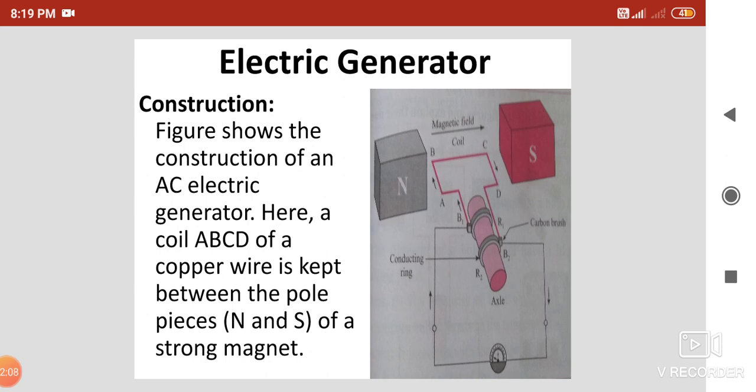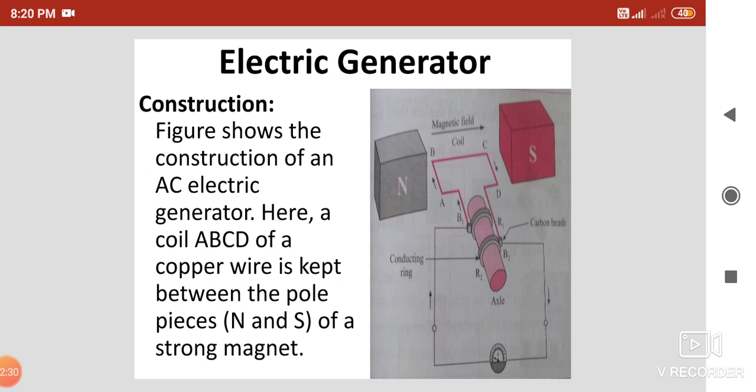The induced current is proportional to the number of turns of copper wire in the coil. After half rotation, AB and CD interchange their places. Hence, the induced current flows in the direction DCBA.